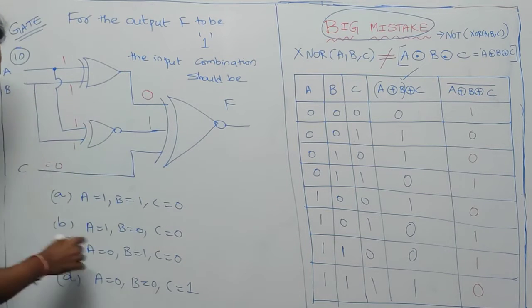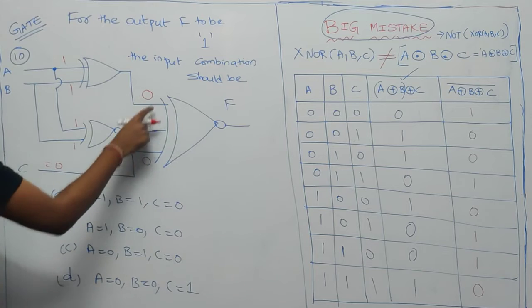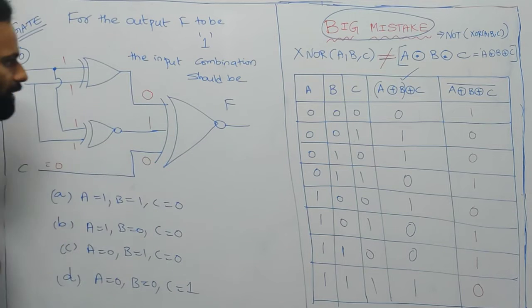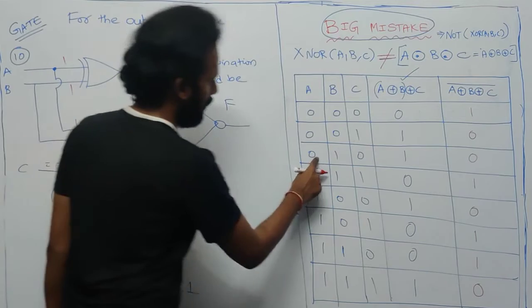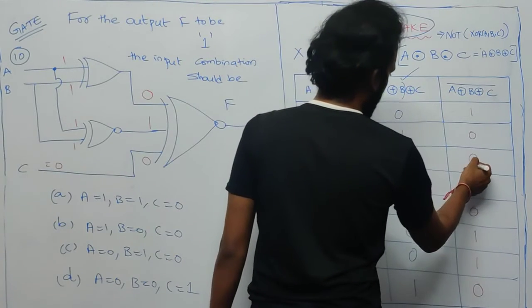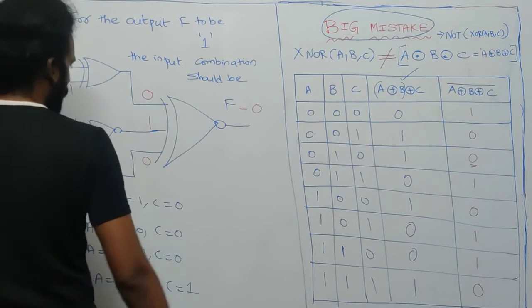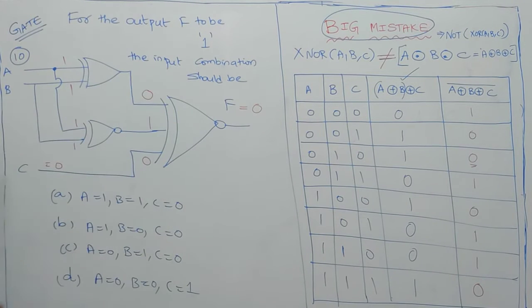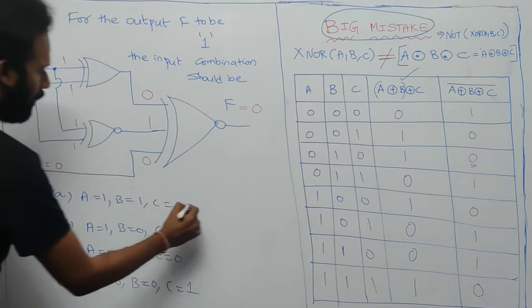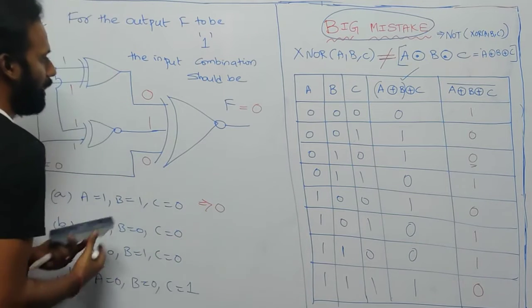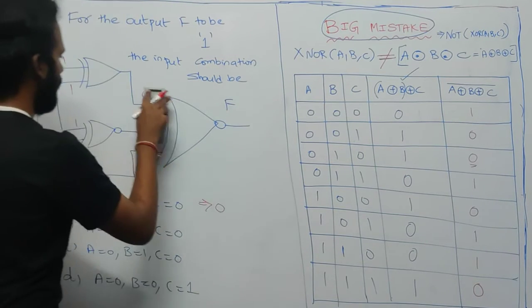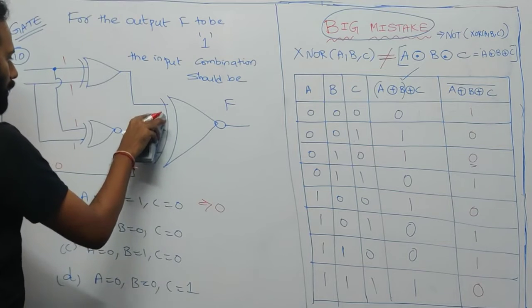So 1, 0. 0, 1, 0. What is F? For 0, 1, 0, you will get 0 for the XNOR operation. So what is it that you want? You want F to be 1, right? So this is giving me 0. Let's make a note. Next, let's go for the next option.